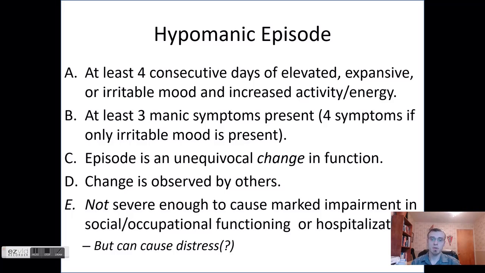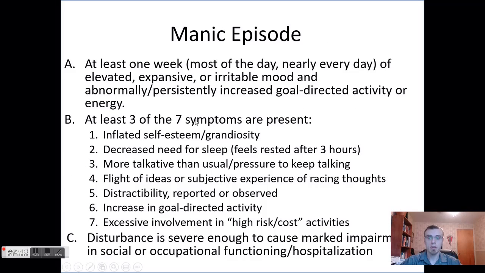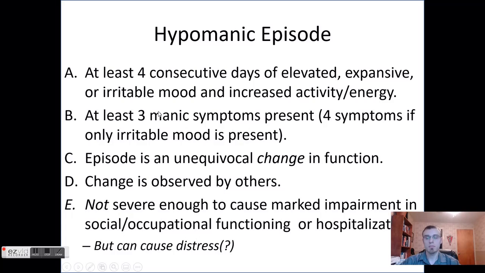This episode has to be an unequivocal change in function, which means that you have to really be able to notice that this is different than the person normally behaves. This change has to be observed by others, observable by others. Now here's really the big difference. Well, there's a few differences, right? The duration. The duration for mania is 7 days, but this is only 4 days for hypomanic.